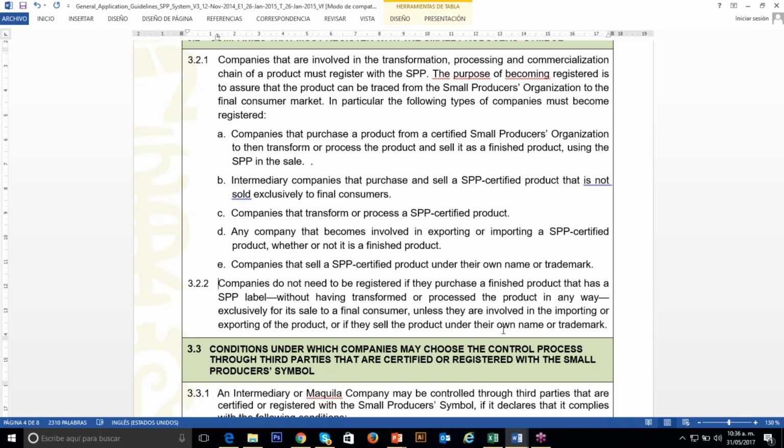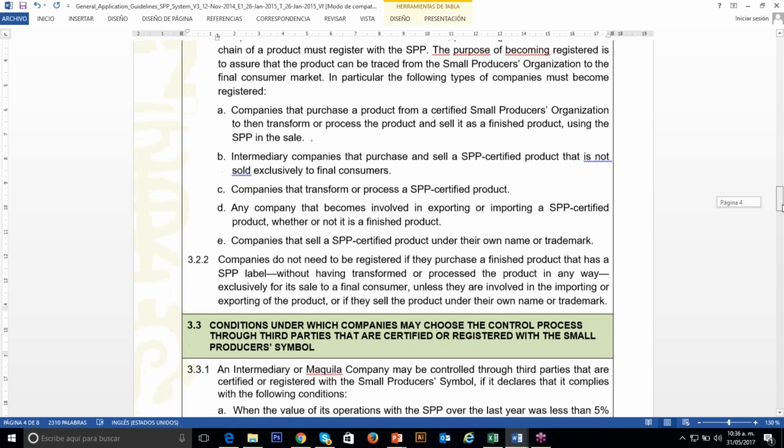Then I, as a company, buy product from them and sell in my cafeteria. I don't have the obligation to apply for the registration, and I don't have to pay the user's fee.